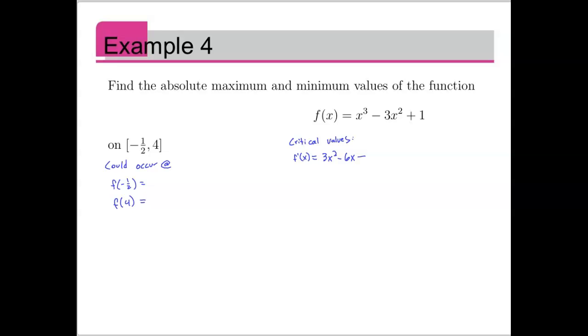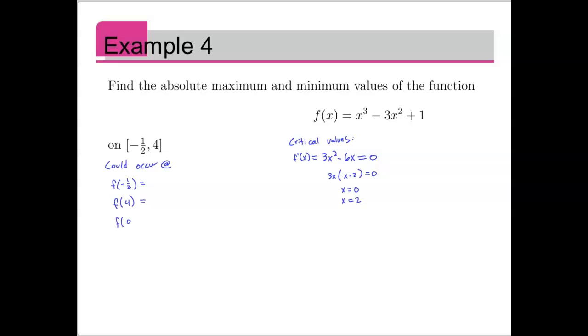I'm going to set that equal to 0 and solve for all values of x. So I can factor out 3x, and I'm left with x minus 2. And I can just set those separately equal to 0, and I get x equals 0 and x equals 2.